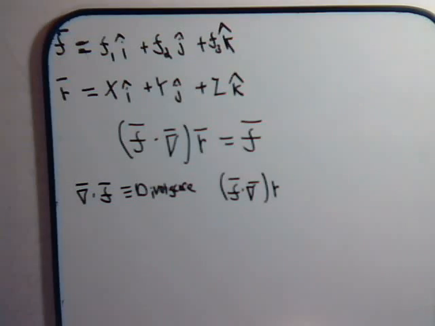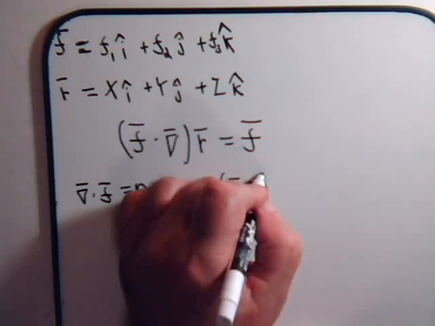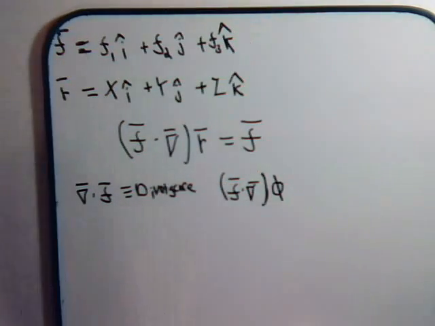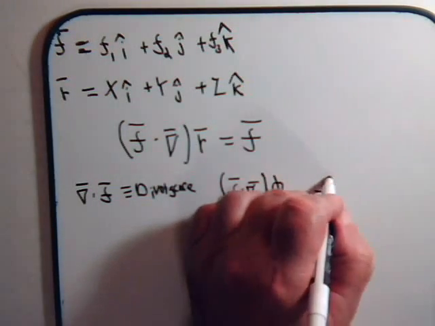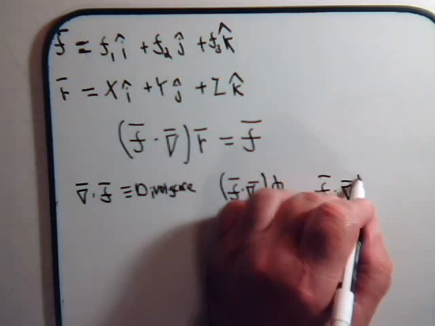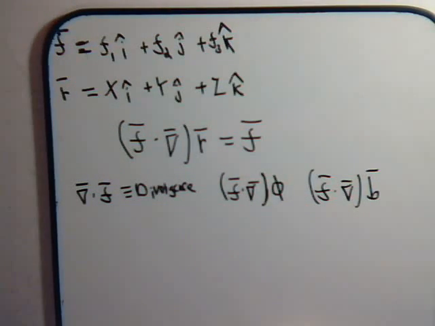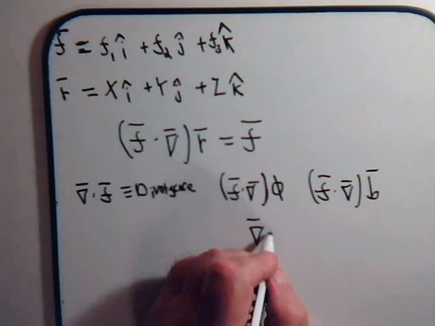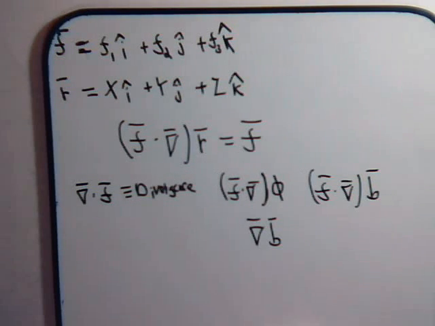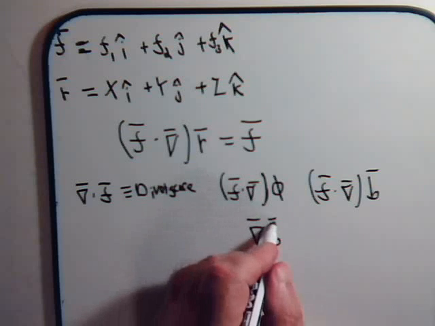Well, first of all, we've dealt with this expression in past videos. Sometimes it had a scalar following it. Sometimes it had a vector following it. And of course, this, as we've discussed previously, makes no sense whatsoever.